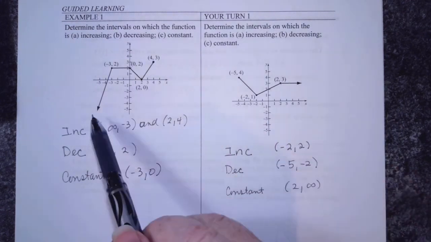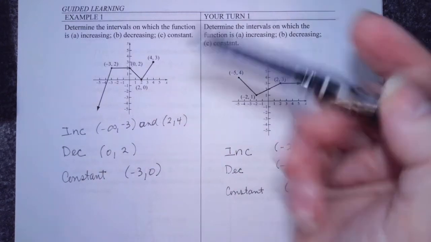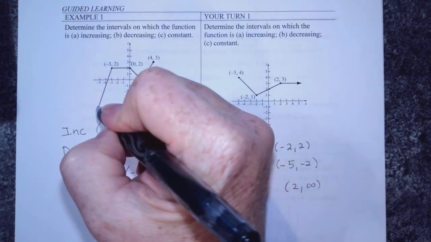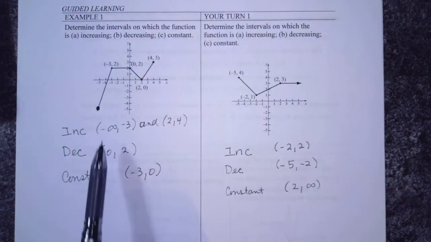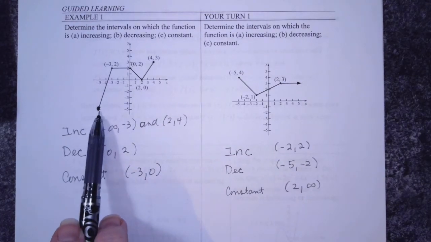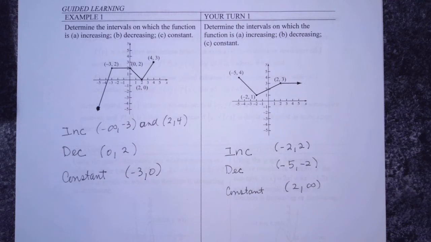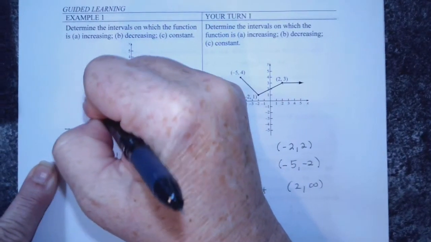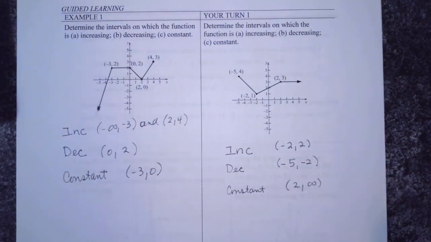You can tell that because it doesn't have an arrow there. If it just stopped right there, instead of going to negative infinity, it would have been from -5 to -3. Okay. You've got to pay really close attention to when it's an arrow versus a dot.